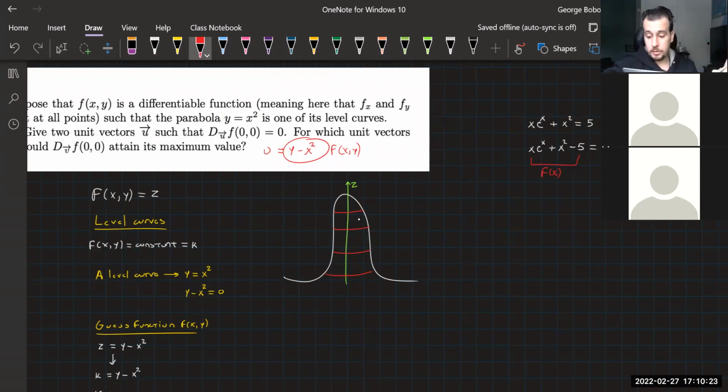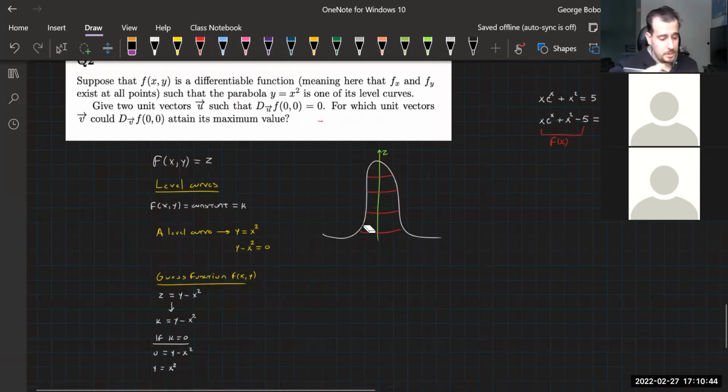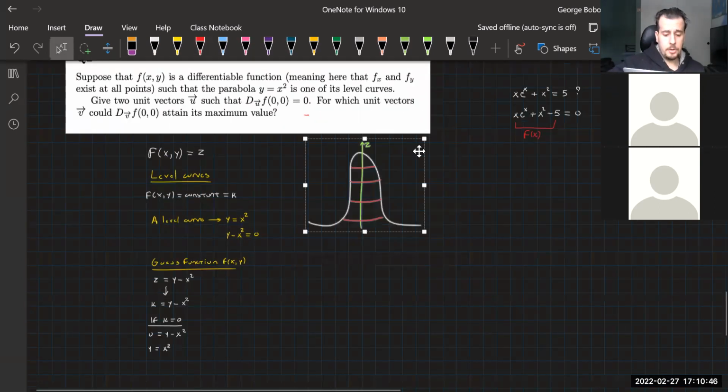You're done your work if you know this. Period. No matter what the level curve looks like, that's f of xy now that you're working on. And this parabola is its 0th level curve. There we go.